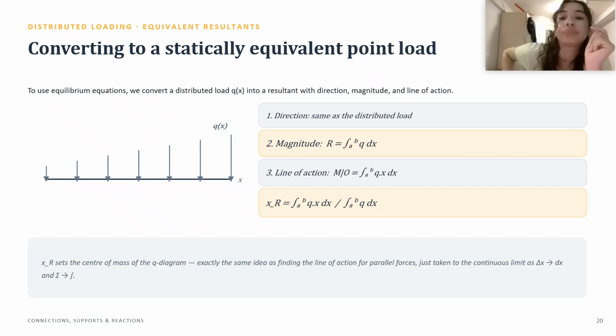It should be the integration, because it looks like the integration of the function q of x from A to B. And then the line of action is again an integration, but it is q times x. Then we can find xr, which equals the integration for the line of action divided by the integration for the magnitude.